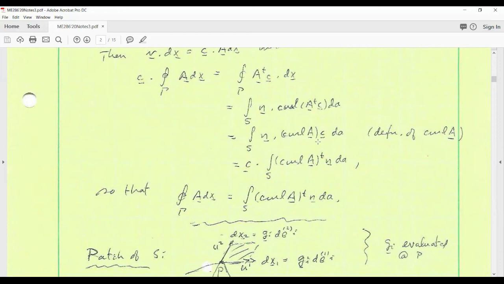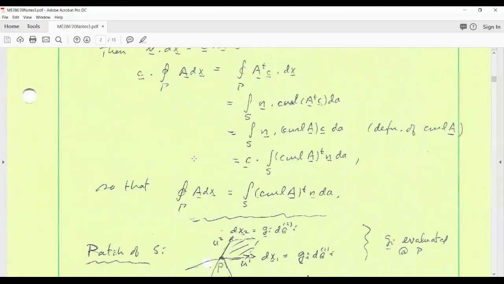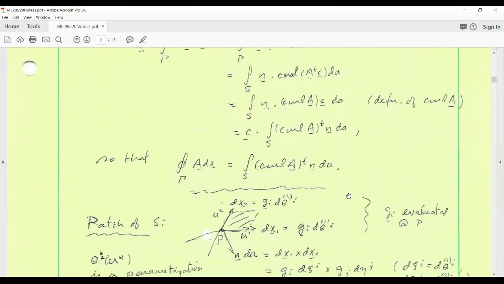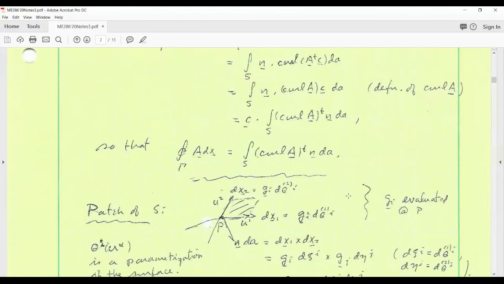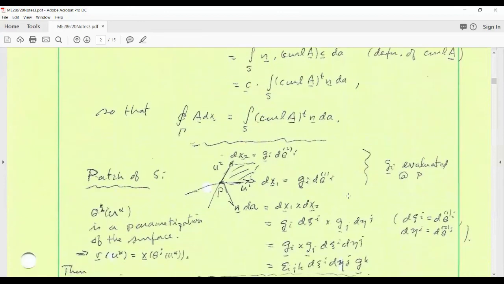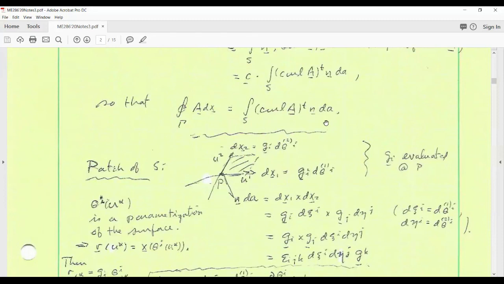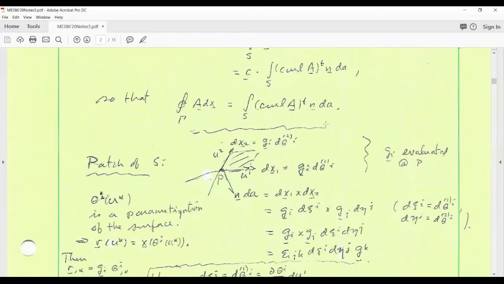Dotting with c is convenient because then I can extract it as a dot product outside the integral because it's fixed; compare with this side of the equation. This is true for any choice of the vector c. Therefore, this integral has to equal that one, and we have now an extension of Stokes' theorem to tensor fields involving the curl of the tensor A. And we will revisit this a little bit later in the course, and apply it extensively.